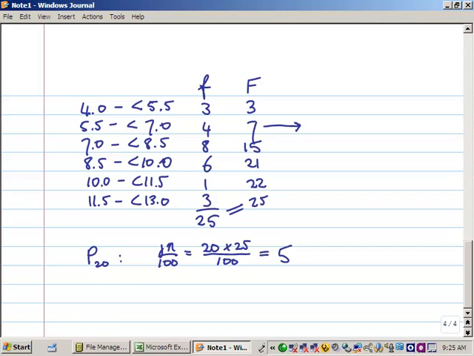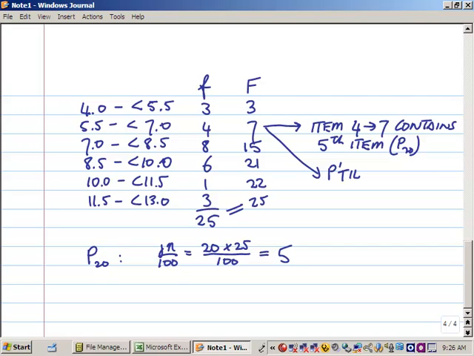In the second interval, 5.5 to 7, we have a cumulative frequency of 7. The class below it had a cumulative frequency of 3. That means we have items 4 through 7 in this particular interval, and of course that contains the 5th item being P20. So this then is the percentile class, meaning 5.5 through 7.